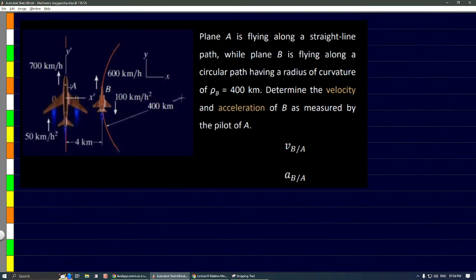Plane A is moving in a straight line, while plane B is following a circular path having a radius of curvature, which is given here. Find the velocity and acceleration of B as measured by the pilot of A. That is, the velocity of B with respect to A and the acceleration of B with respect to A.